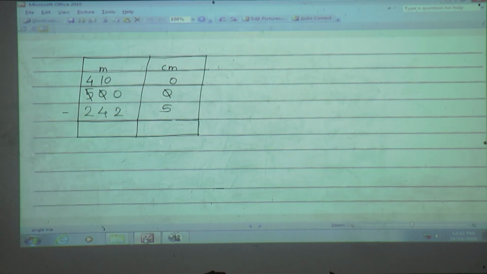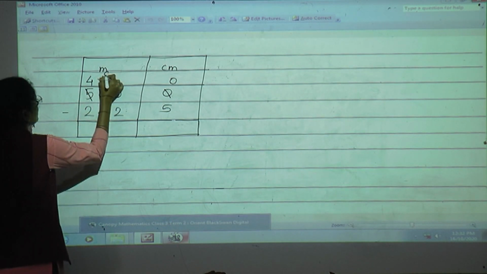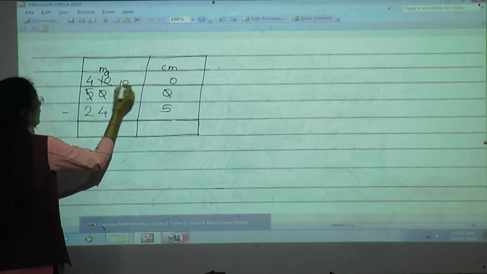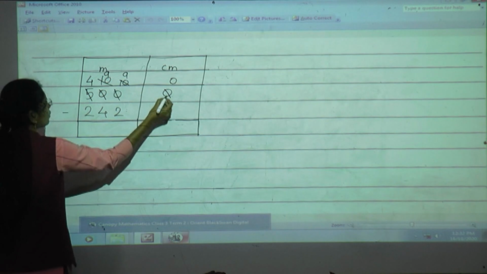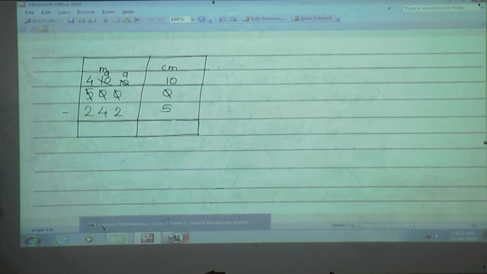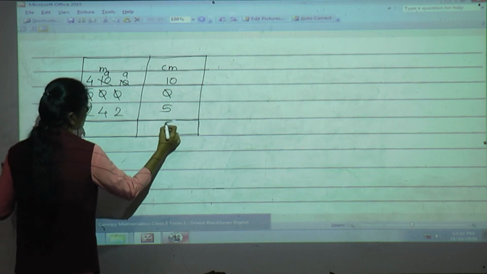Now from this 10 we will take one borrow. So if we take one borrow from this 10, then here 9 will remain, okay, and this 0 will become 10. Now again from this 10 we will take one borrow and this 0 will become 10. Now 10 minus 5, yes, 5.